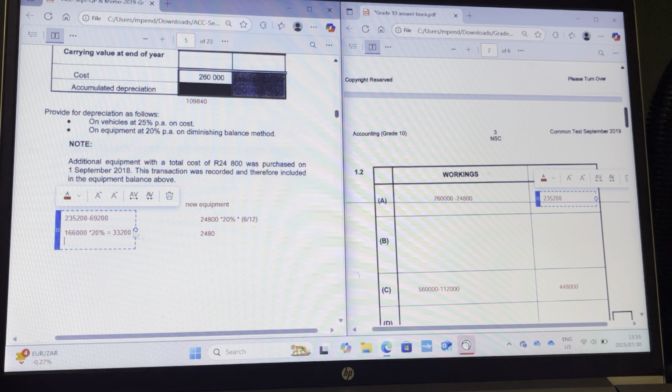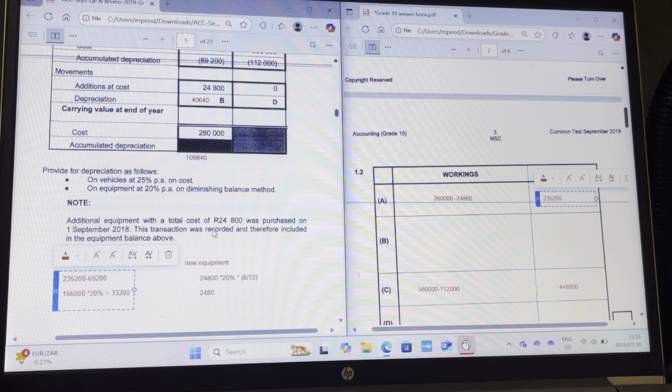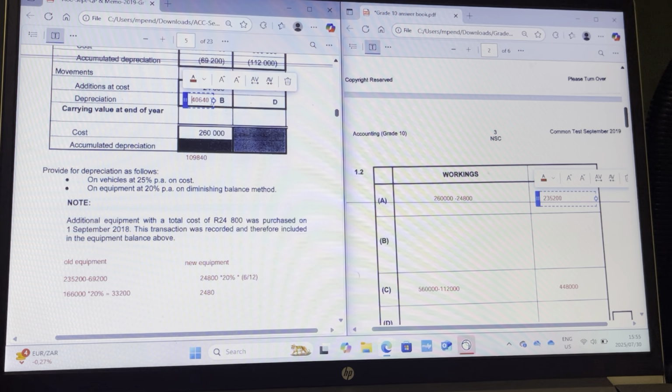So our depreciation for the year is 33,200, and for the new equipment, it is 2,480, meaning that our total depreciation amounts to 33,200 plus 2,480, giving us 35,680.